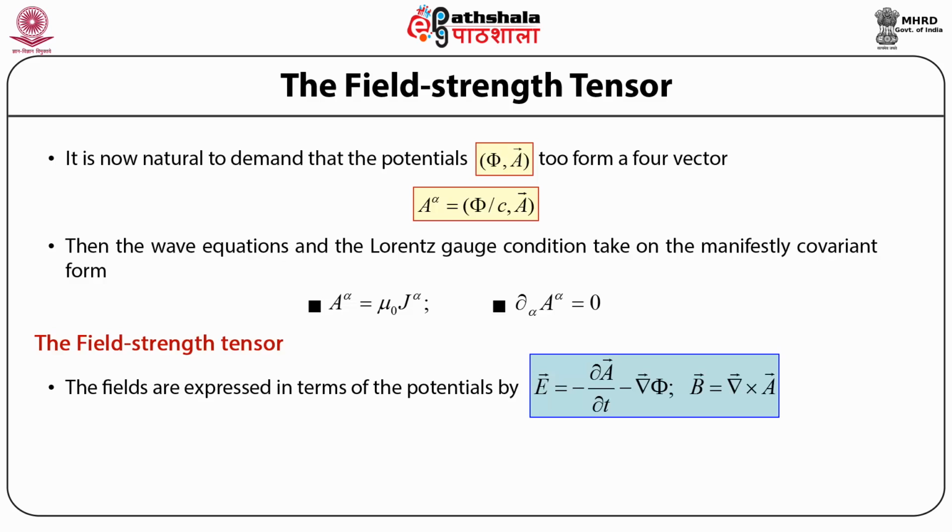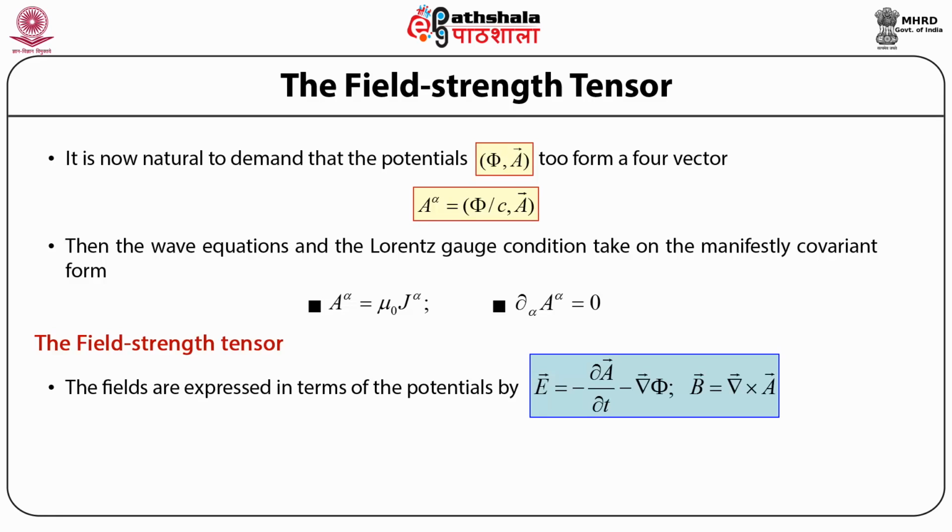But now when we come to the electric field and the magnetic field induction vector, we have to see whether these can be expressed as a 4 vector or not. And that is where we see that, the way Maxwell's equations are defined, we have to introduce another tensor, which is called the field-strength tensor.